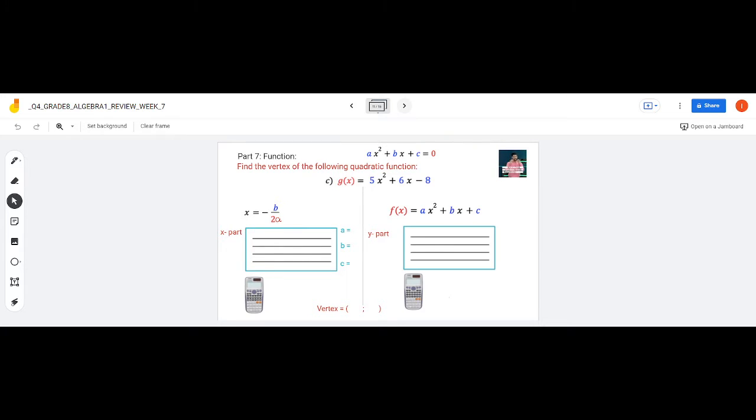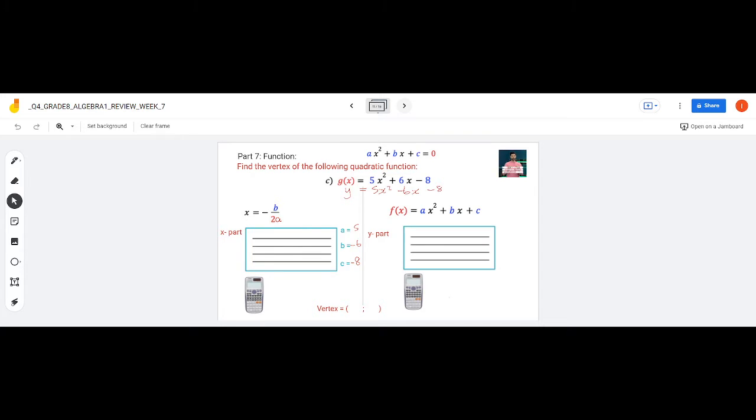In this case, we don't need to multiply out because it's already in standard form. So all I'm going to do is rewrite the g of x as y, and everything else stays the same. So my A is 5, my B is negative 6, and my C is negative 8.